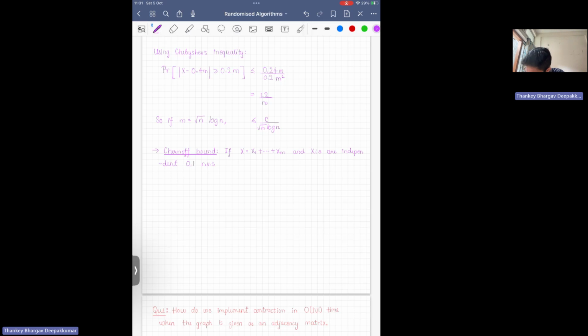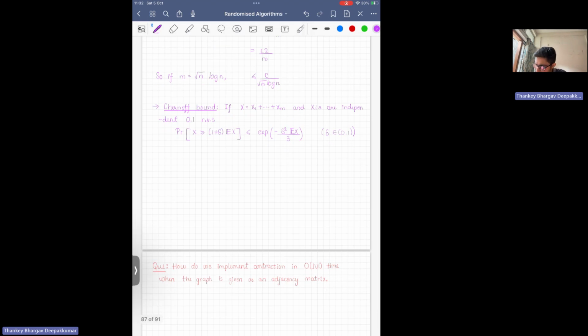So we can use it, and there are two bounds, but the bound we would need is the one with delta in (0, 1).